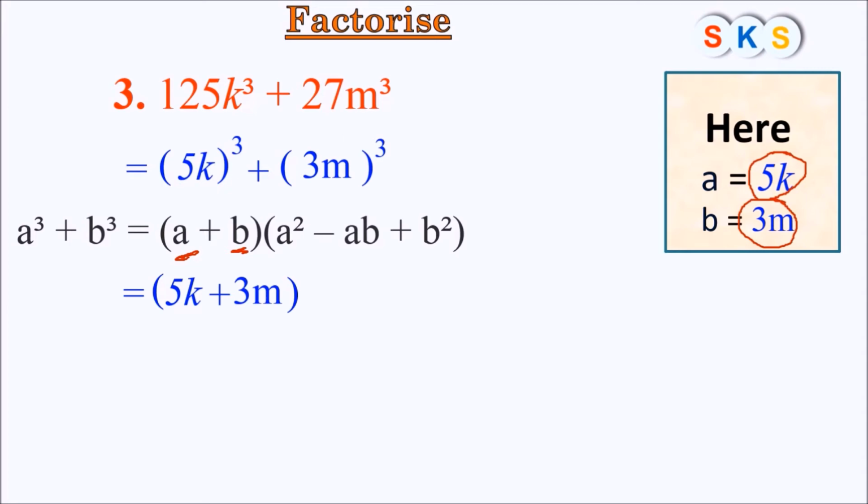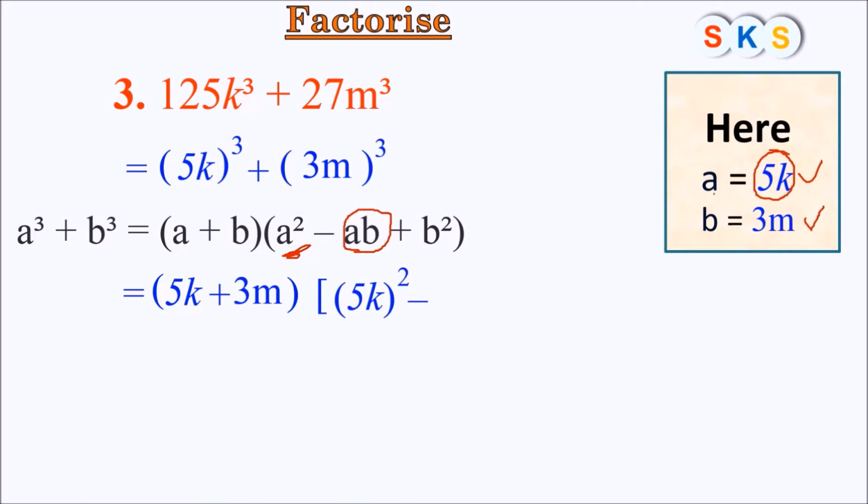Okay, now in the same way we will solve the second bracket. In the second bracket, the first term is a square. What is the value of a? You can see in the box it's 5k. So at the place of a we will write 5k. So we will get 5k the whole square minus, and after minus, in the second bracket, it's ab. ab means a into b. Look in the box, a is 5k and b is 3m.